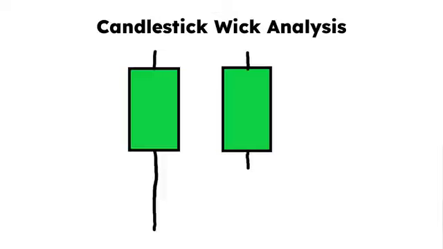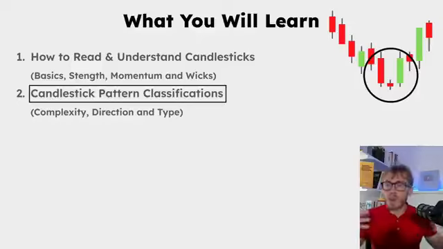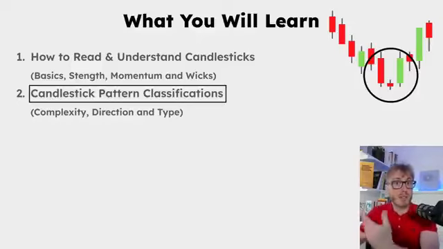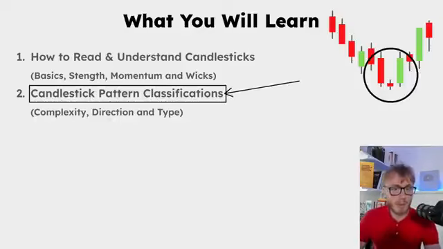After chapter 1, when we have a good understanding of the basics, it's time for chapter 2. In this chapter, we will take a look at candlestick pattern classifications. In order to master candlestick patterns, it's very important to understand what type of candlestick patterns you are trading, what types you want to focus on, what types you want to avoid, and so on. Chapter 2 is very important, and it will be a quick chapter, because every single candlestick pattern has 3 different categories.